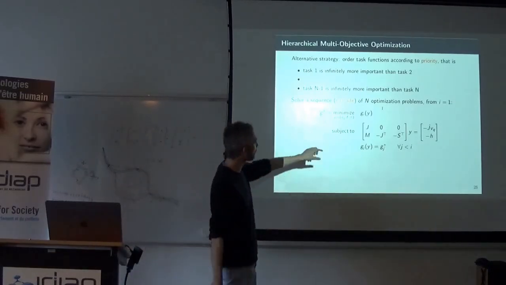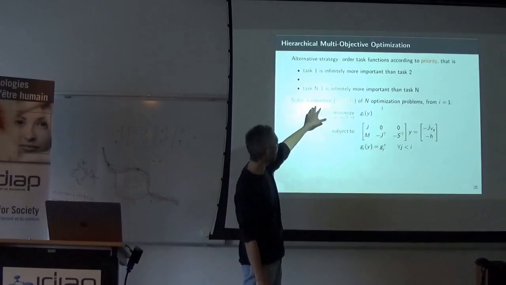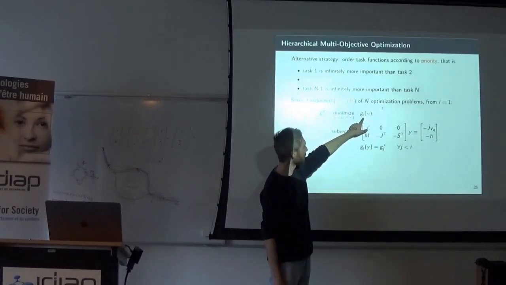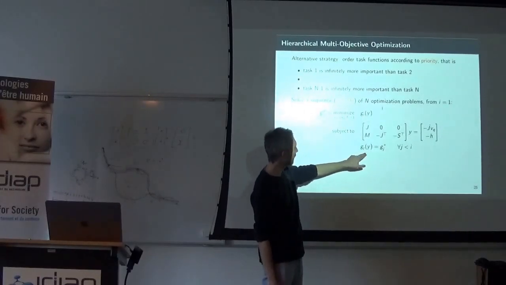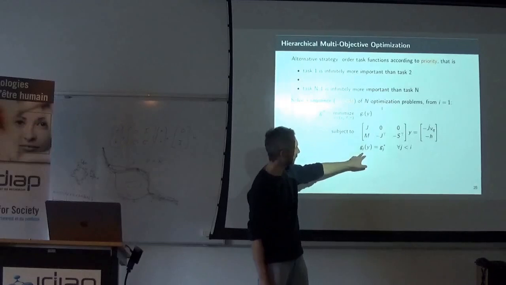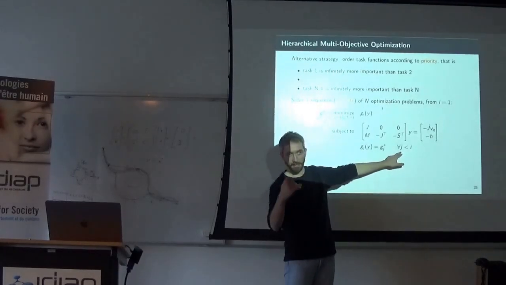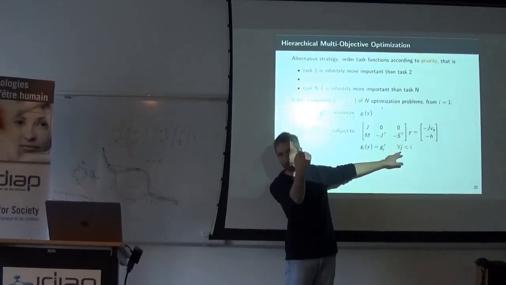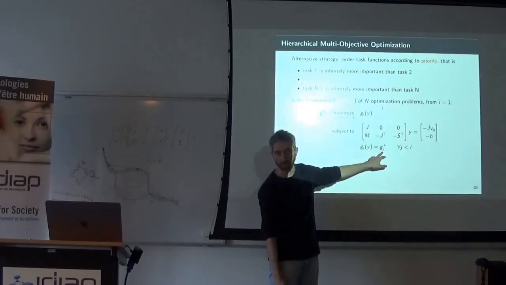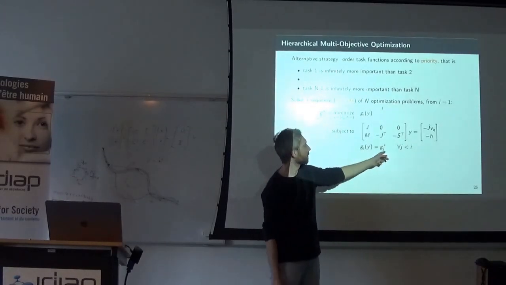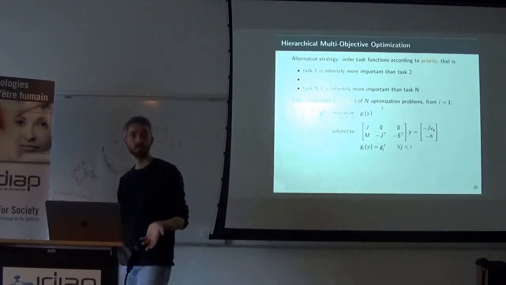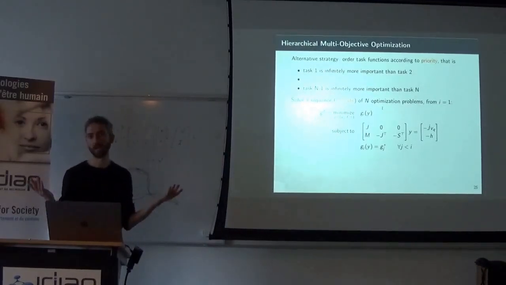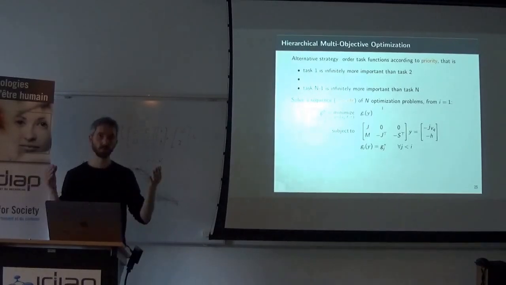So what you do is that when you're at stage I, you minimize the cost function I, and you add the constraint that the cost function of all the tasks that came before, so that are more important, should stay the same, should remain at its optimum. And it turns out that you can write this constraint as a linear constraint. So the problem remains a QP, or a least square problem to be precise.